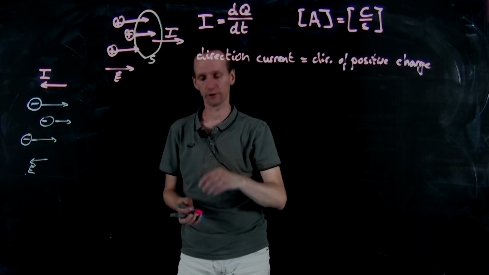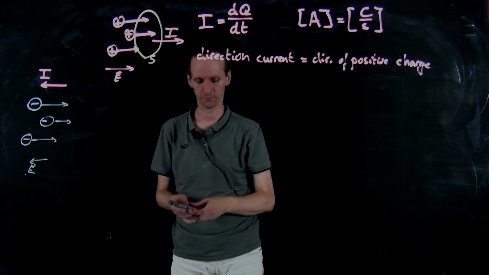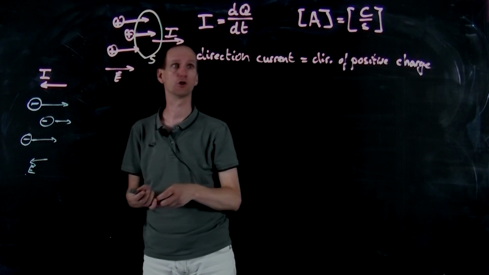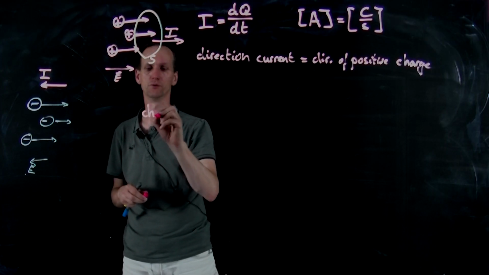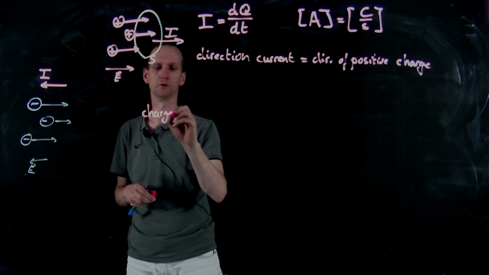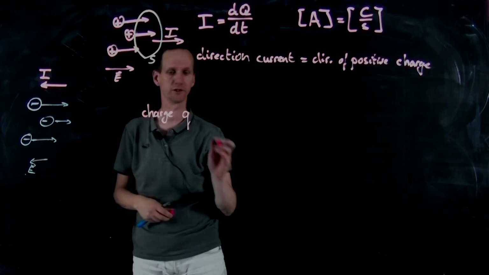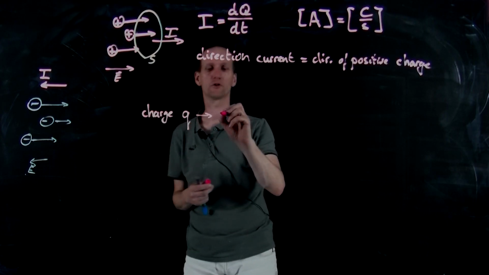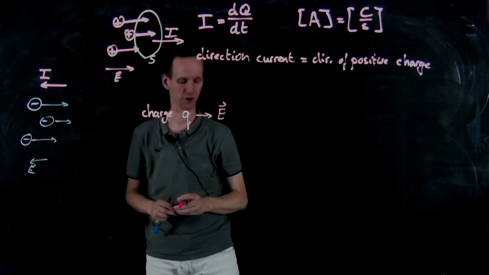So there is an important thing to realize with current, and that is its relation to magnetism. But let's first look again at what we have learned about charge. So if we consider a charge Q somewhere in an environment, in space, the presence of that charge Q gives rise to an electric field E around that charge.